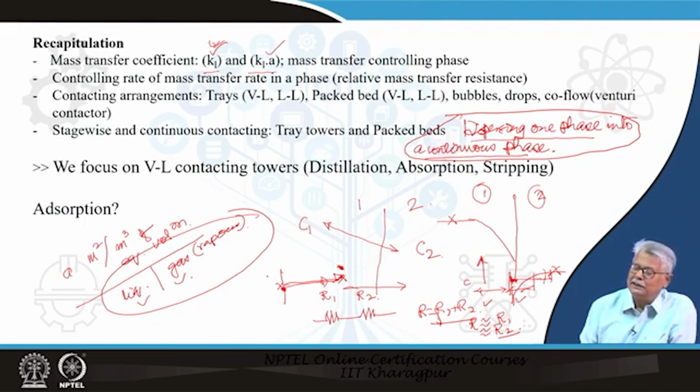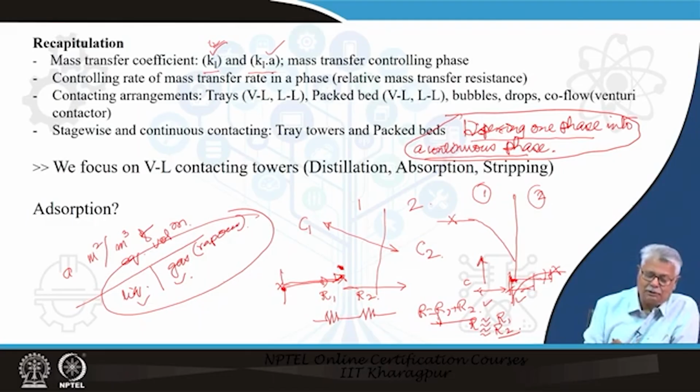This is more true in case of liquid-liquid. It is true to some extent in case of vapor-liquid also, but mainly the type of contactor that you decide for your mass transfer depends on which phase the controlling resistance to mass transfer resides.